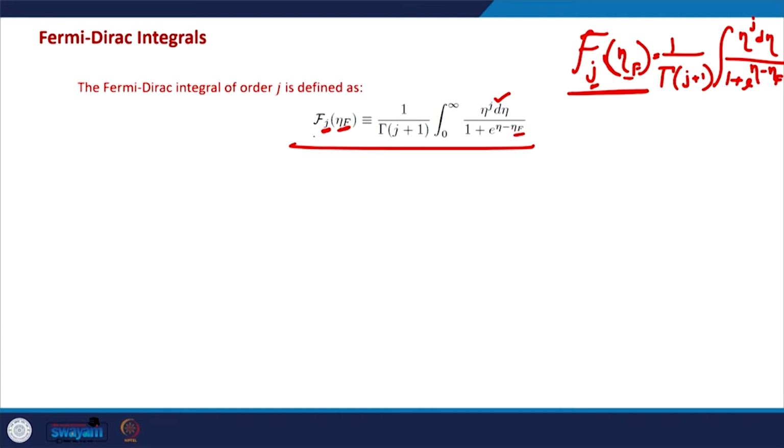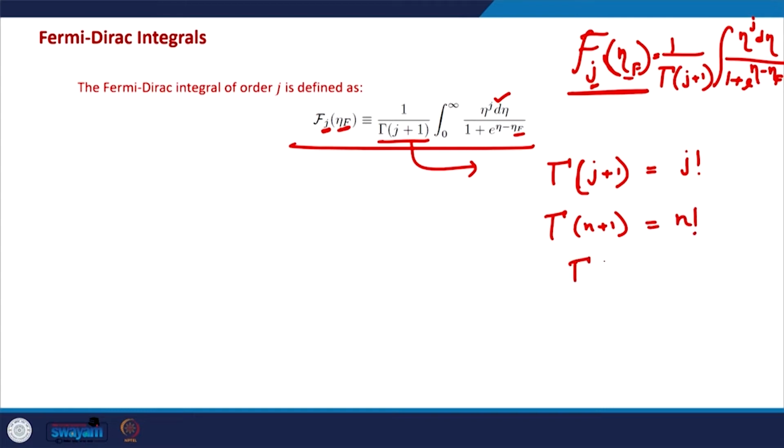This Fermi-Dirac integral has this gamma function as well in its expression, and most of us would be aware that a gamma function, if j is an integer, is equal to factorial j, or if n is an integer, gamma function of n plus 1 is essentially factorial n, or more popularly it is written as gamma function of n is factorial n minus 1.